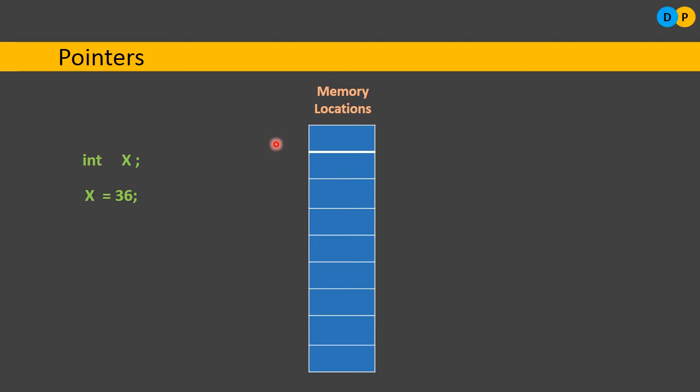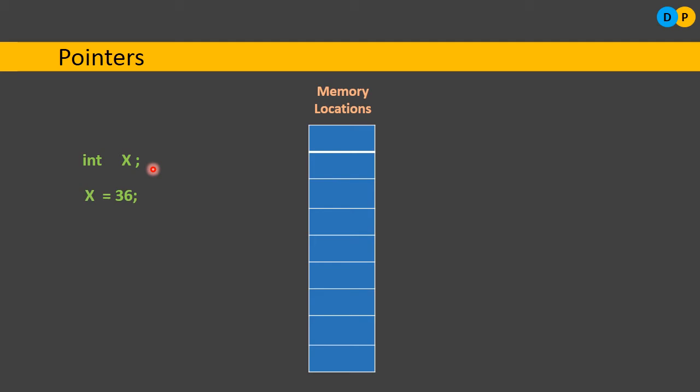Now, as I told you earlier, computer RAM will be having different memory locations. Each location will be having the ability to hold only 1 byte of data, not more than 1 byte of data. So here x is an integer. An integer will consume how many bytes of data? Normally they will consume 2 bytes of data. So here the variable x will be assigned 2 bytes of data.